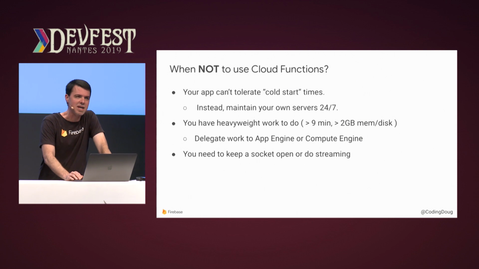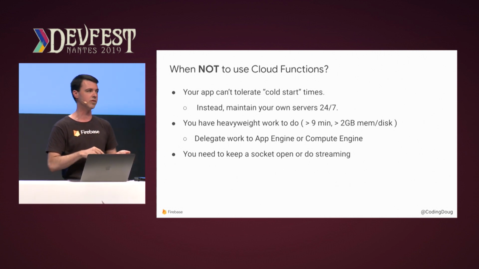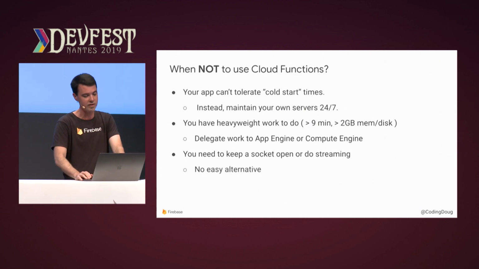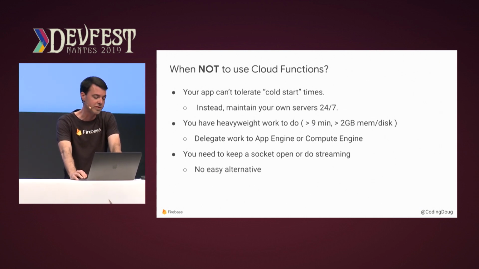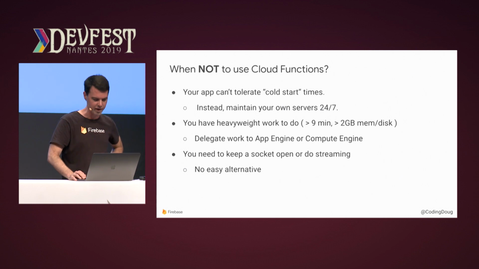If you need to keep a socket open or do streaming, Cloud Functions doesn't support that as well. Cloud Functions is just HTTP request response, so you can't do WebSockets, you can't do like raw socket communication. That just doesn't work with Cloud Functions. There's no easy alternative for this. I believe actually Google GKE, Google Kubernetes will do sockets, but with Cloud Functions there's really no way to do that.